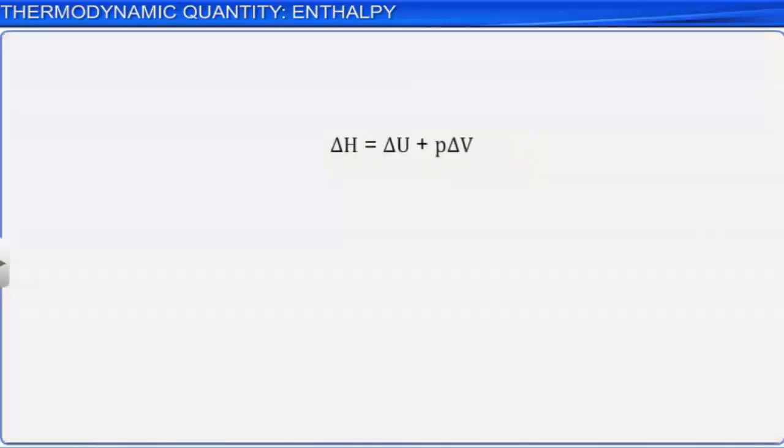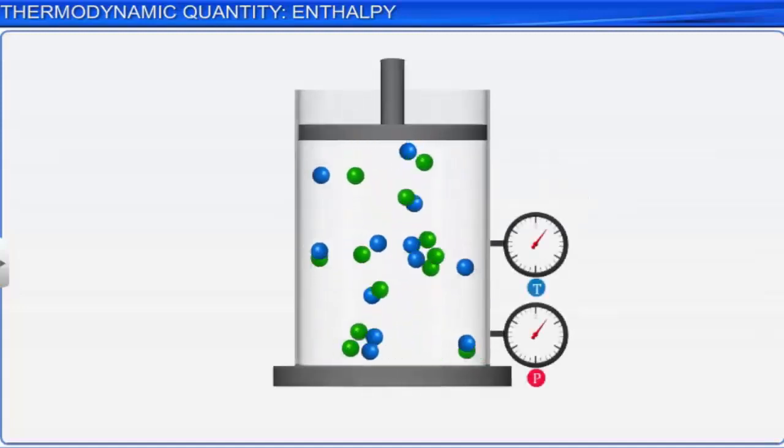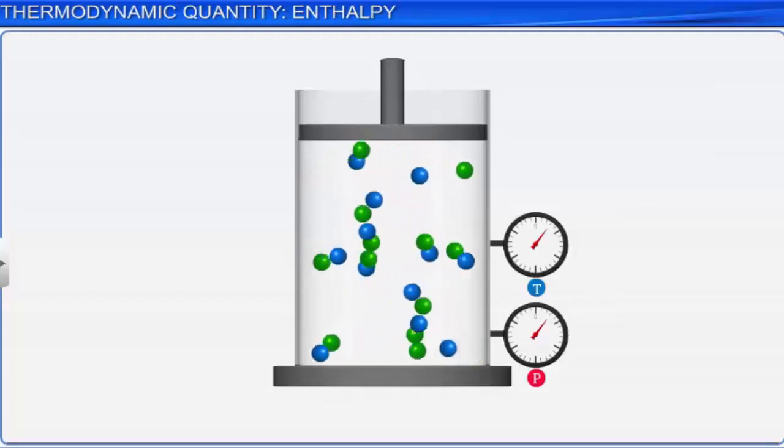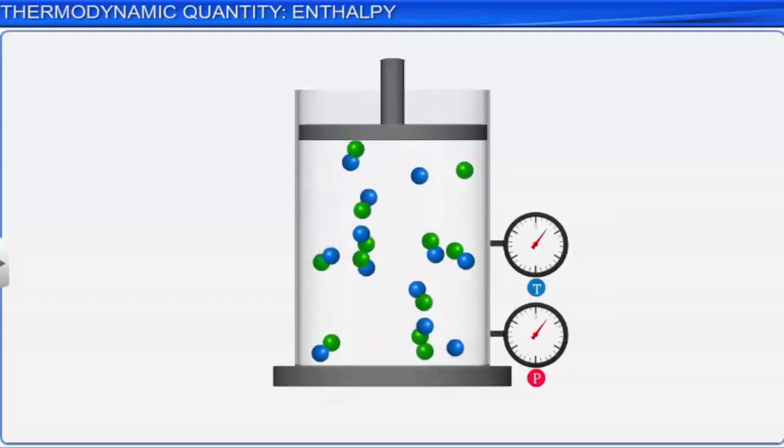Thus, if change in volume, delta V, is insignificant, it implies that change in enthalpy, delta H, equals change in internal energy, delta U. The difference between the change in internal energy and enthalpy becomes significant when gases are involved in the reaction.